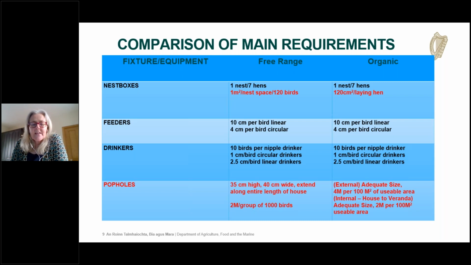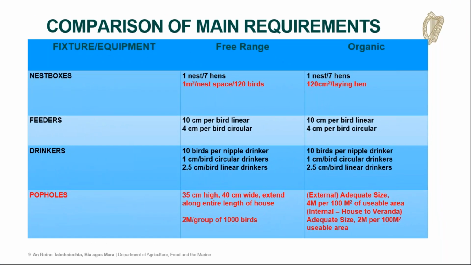So there are internal which go from the house to the veranda, and there must be 4 metres of those per 100 metres squared of usable area. So we're back to that measurement again, the usable area. And for external, then they must be adequate in size. So they're not as specific on the height and the width.